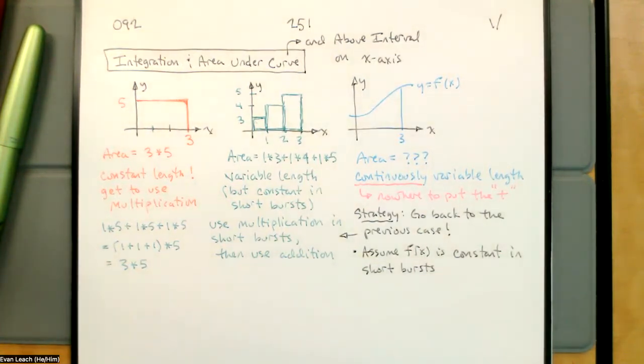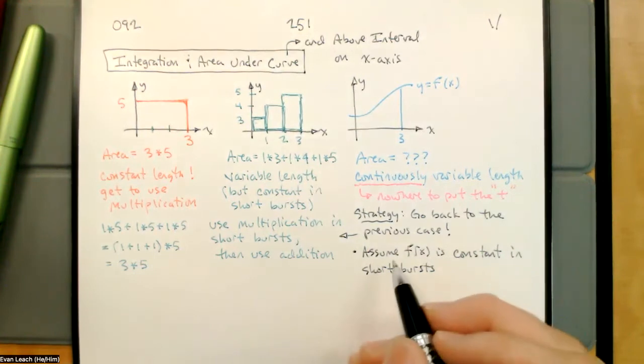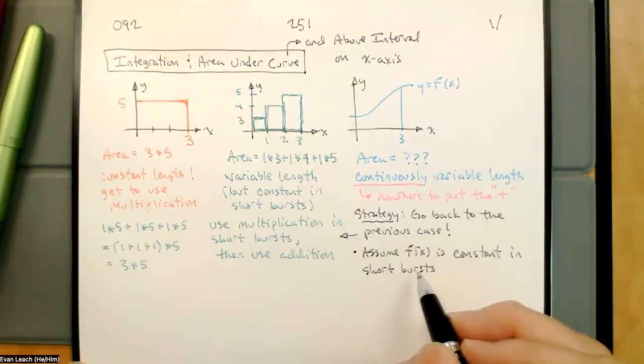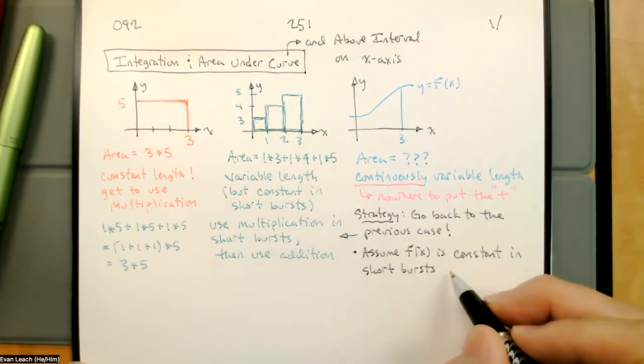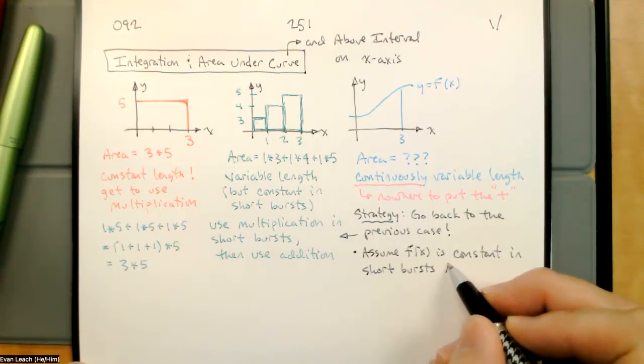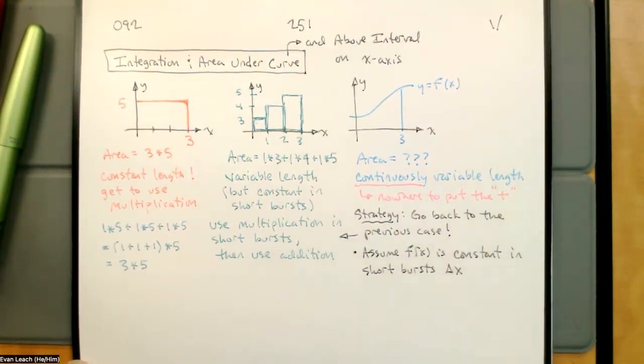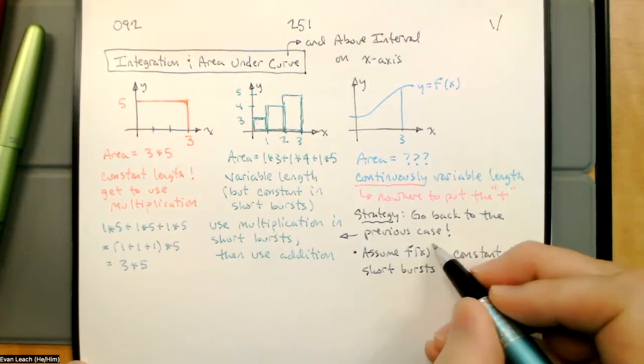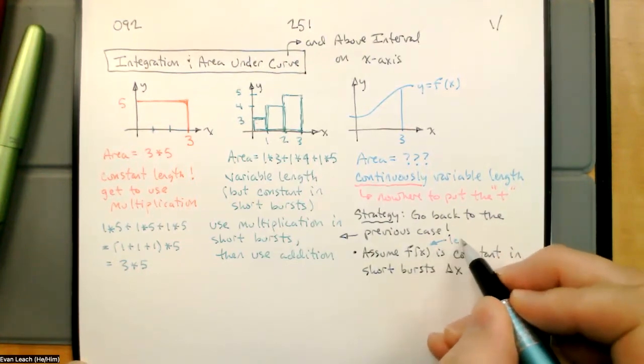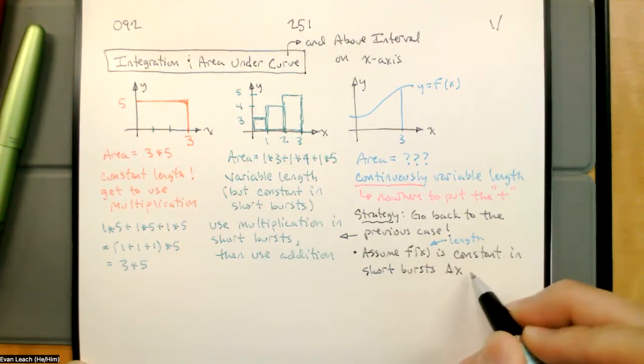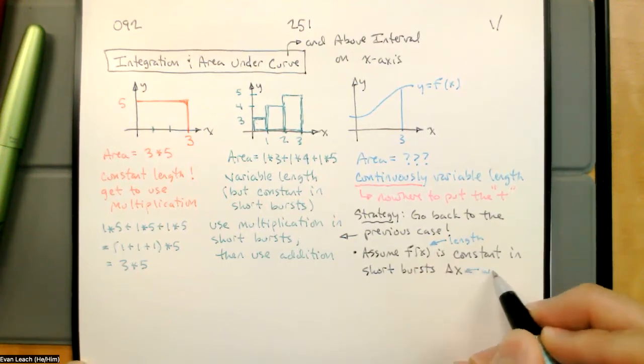So in the previous case, the length was constant for a short burst of 1. We're going to call the width of that short burst delta x, for some change in x. So we're going to assume f of x is constant in short bursts, say delta x, where f of x is going to be the length and delta x is going to be the width.